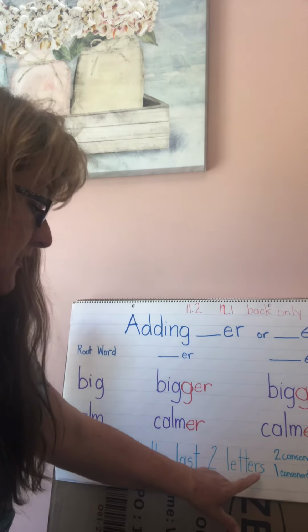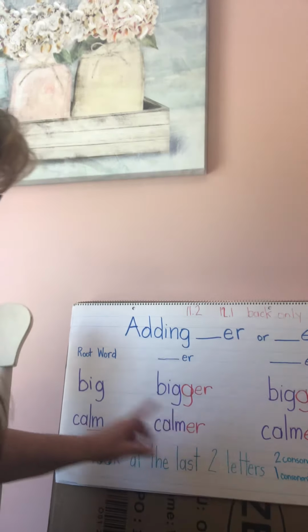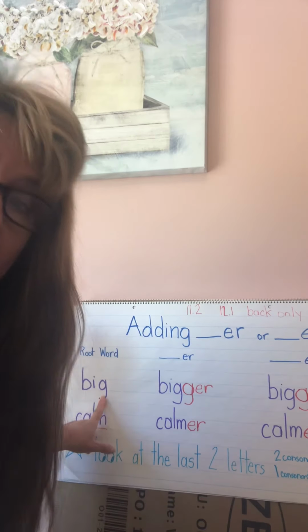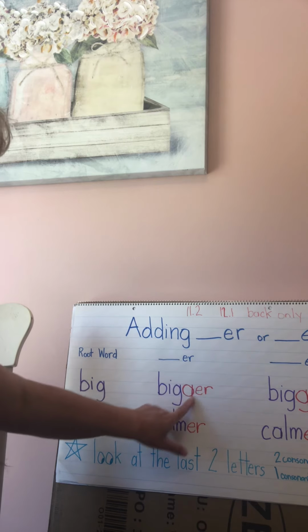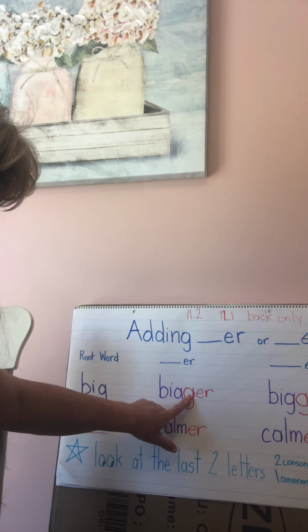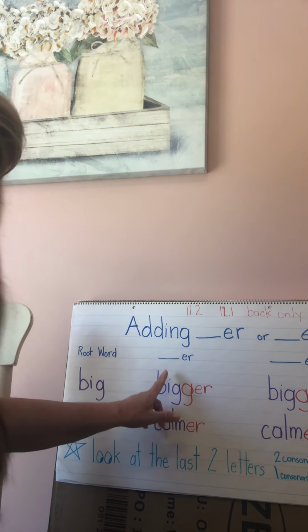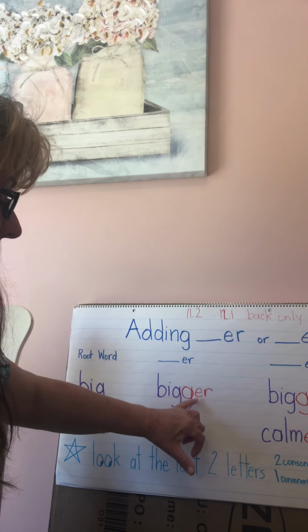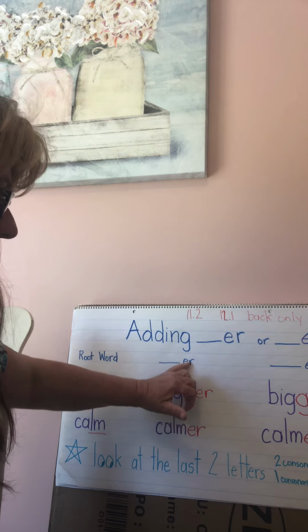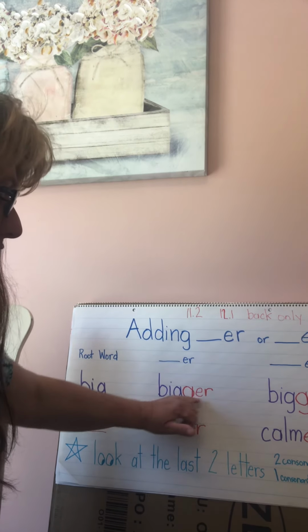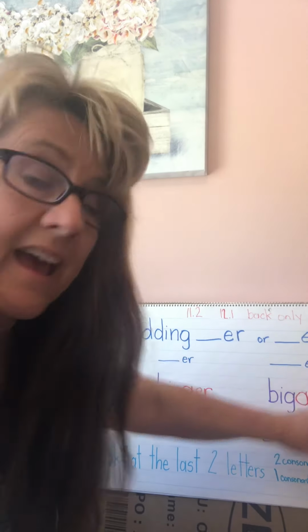But if the last 2 letters has only 1 consonant, like the word big, just 1 consonant, then I have to double that consonant to keep King E from making I say its name. And then after I double the consonant, still says big, then I can add ER, bigger, and biggest.